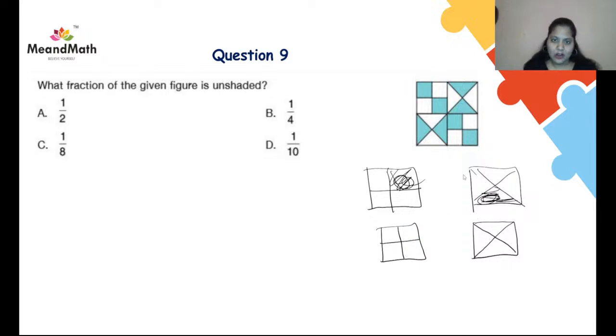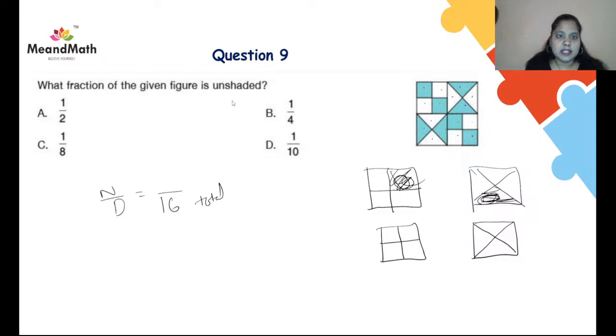Now we'll count how many parts are there in total. 1, 2, 3, 4, 5, 6, 7, 8, 9, 10, 11, 12, 13, 14, 15, 16. So in the denominator place we are getting 16, the total number of parts here.